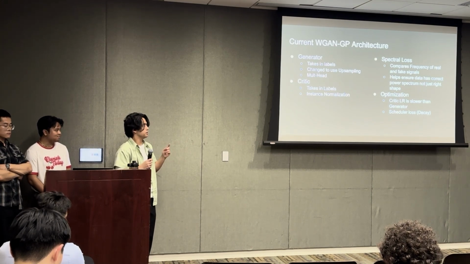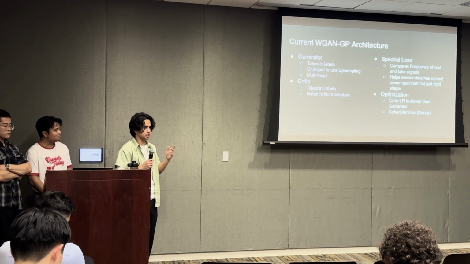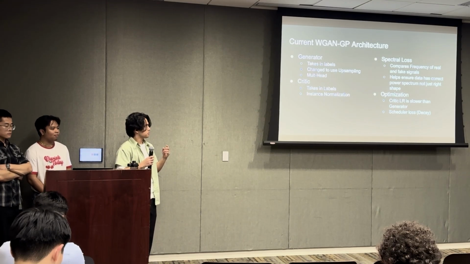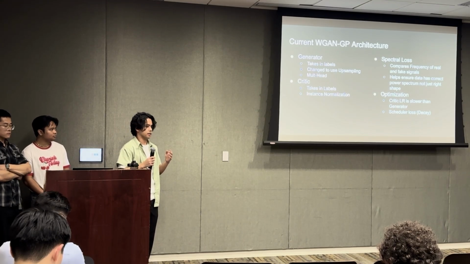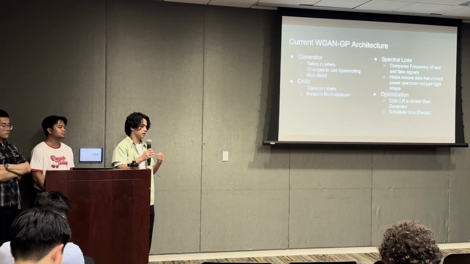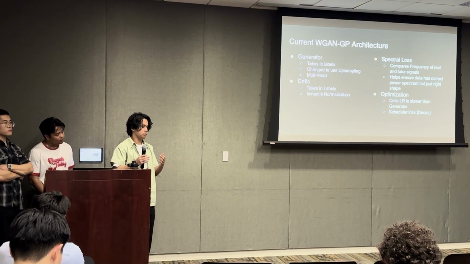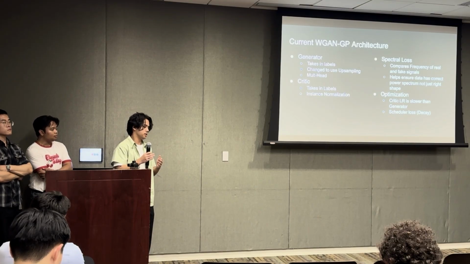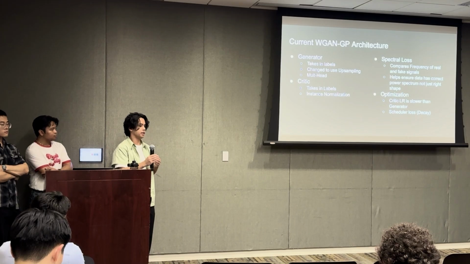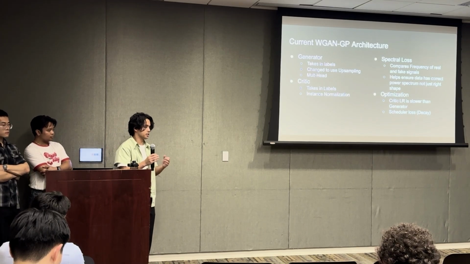Another thing that we did was spectral loss. Because WGAN-GP works on the Wasserstein loss, but now we're adding the spectral loss. The discriminator is going to say, I know that this is a fake synthetic EMG, and that's all the generator gets, right?